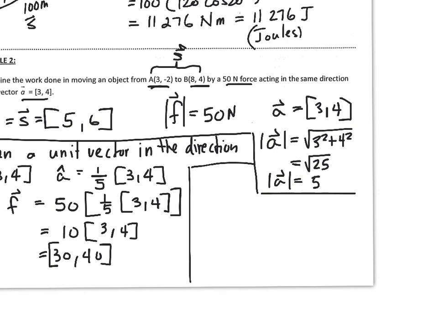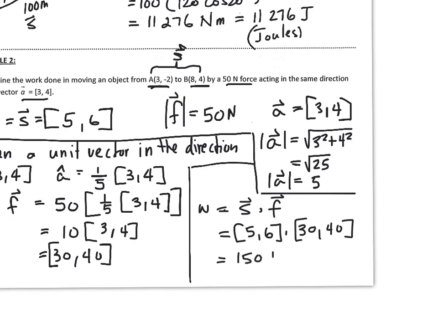So work in this case, not a vector, is equal to my displacement dotted with my force vector, and we have the components for both, so 5, 6 dotted with 30, 40, and we can get 150 plus 240 and gives us the 390 joules.